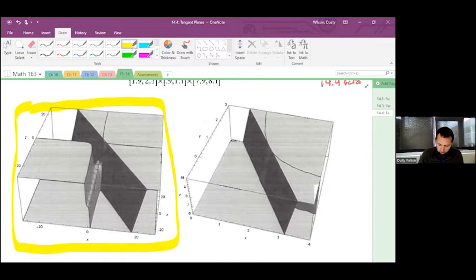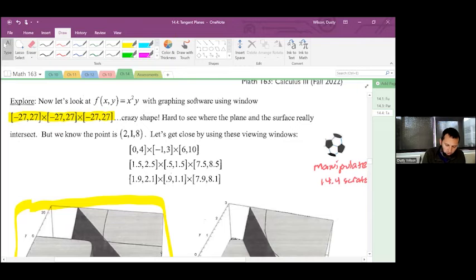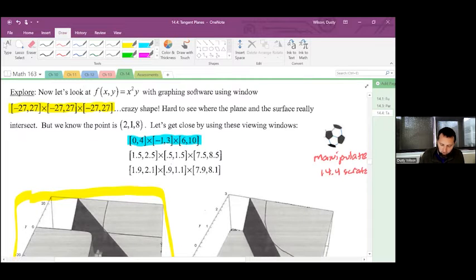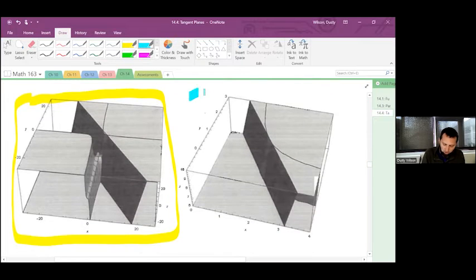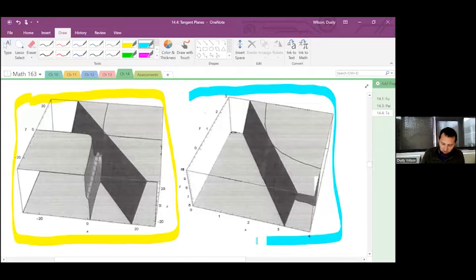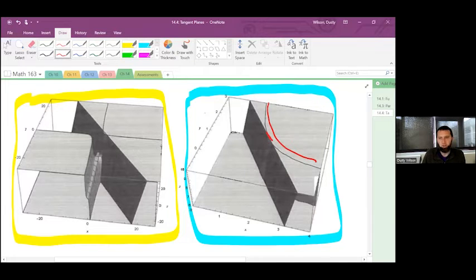So then we zoom in a little bit more, and we go from 0 to 4 in the x, negative 1 to 3 in the y, 6 to 10 in the z, and we get a graph that looks like this. And you start to see that tangent plane. You have the curve over in this region, but it's starting to look pretty flat there around where the tangent plane is showing up.